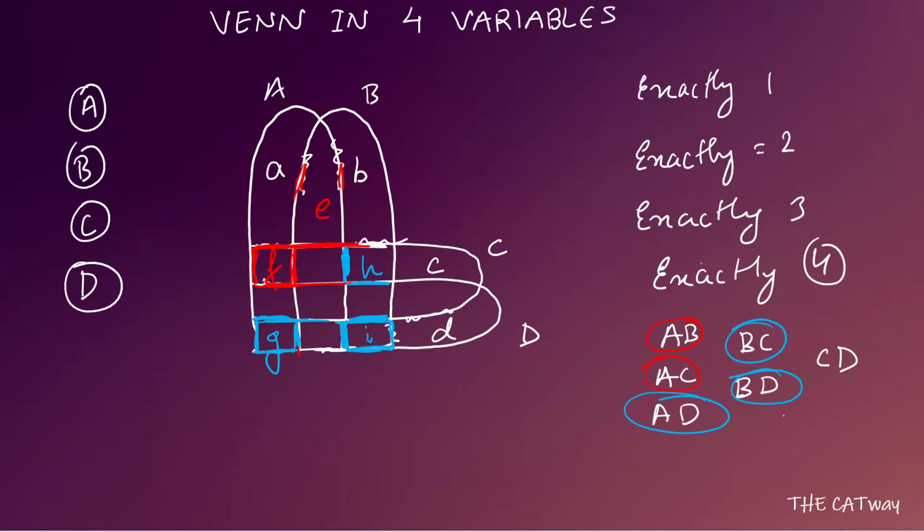Then we have CD left. CD will be this one. Boundary B is ending here and boundary A is ending here, so this will be CD, represented by J.